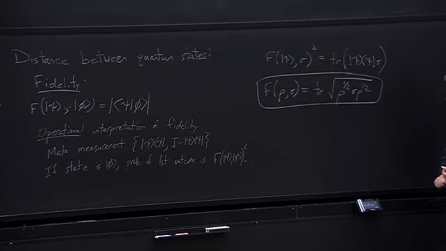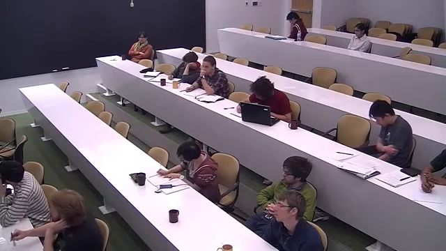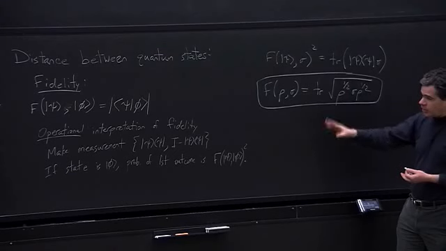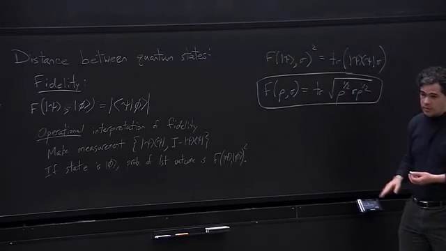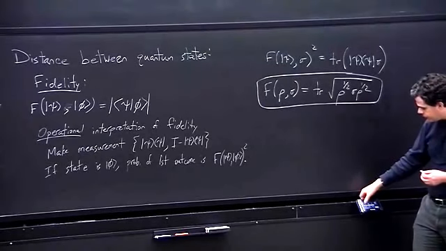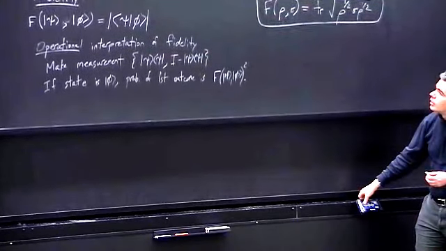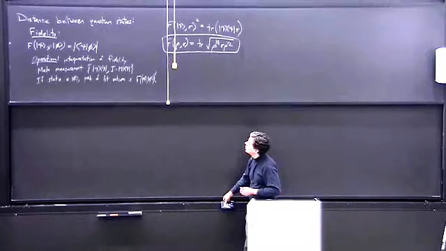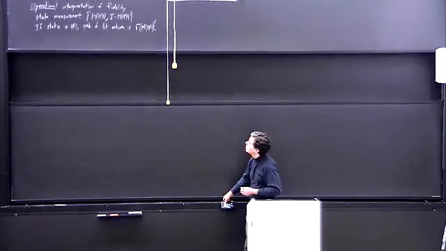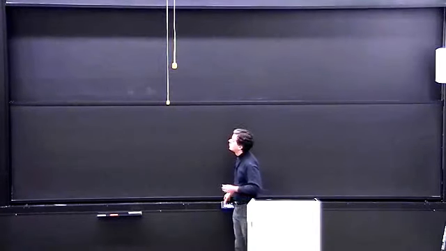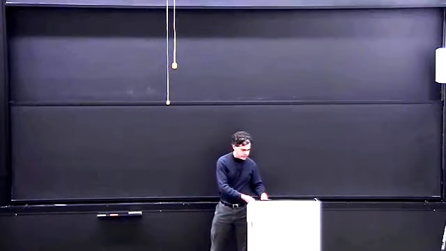Does this have the property that your probability of measuring... you don't have a PVM anymore, so you don't have this simple thing that immediately tells you, do we have rho or not? But you'll see that it does relate to that. Okay. So what are these nice properties of fidelity?